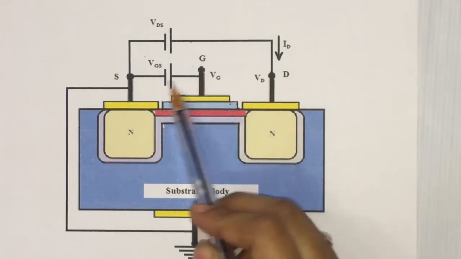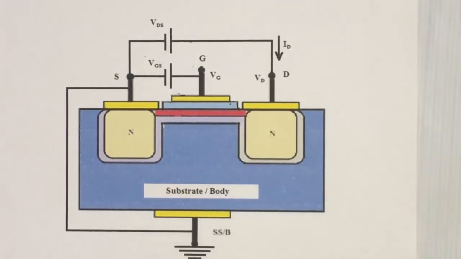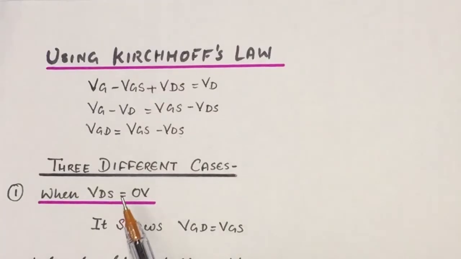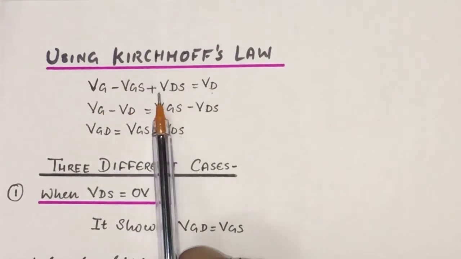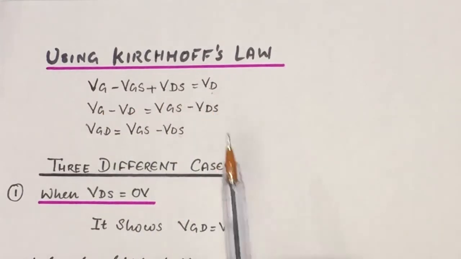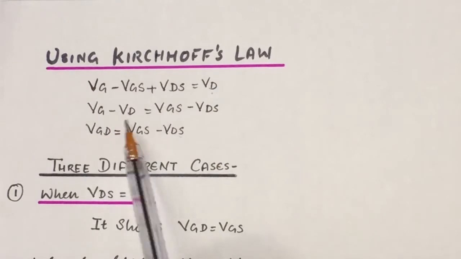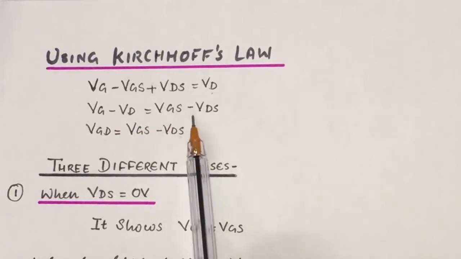On applying Kirchhoff's law in this loop, we can write the equation for voltage. The voltage of the drain VD can be written as VG minus VGS plus VDS. This equation can also be written as VG minus VD equals VGS minus VDS.